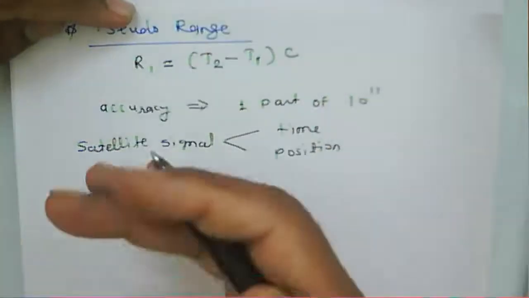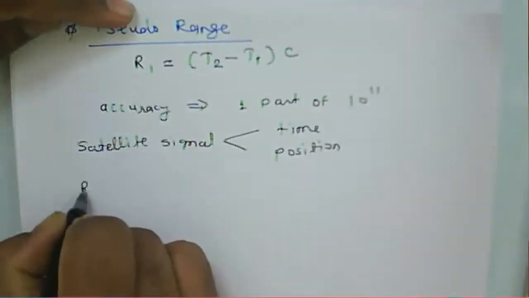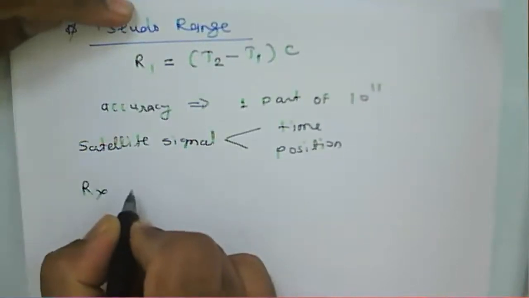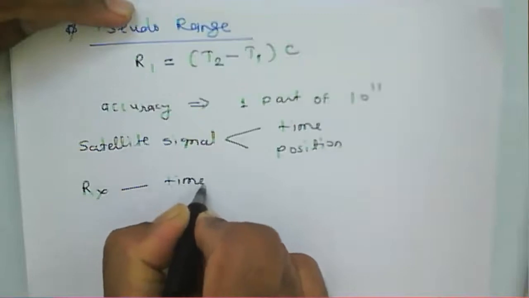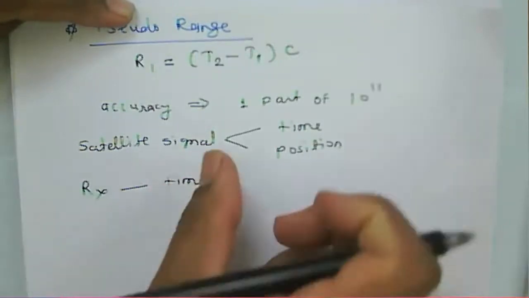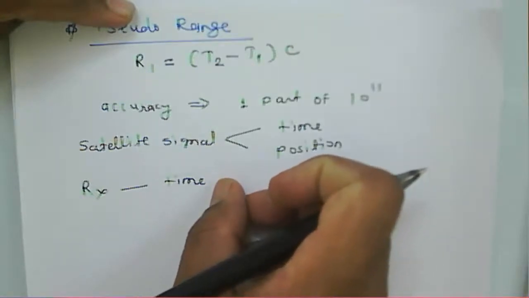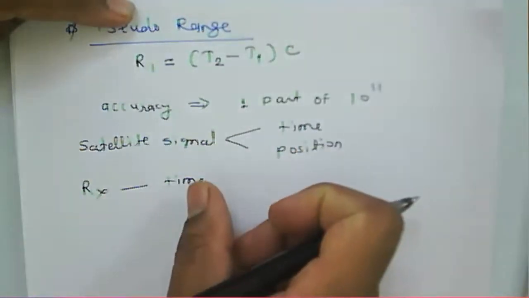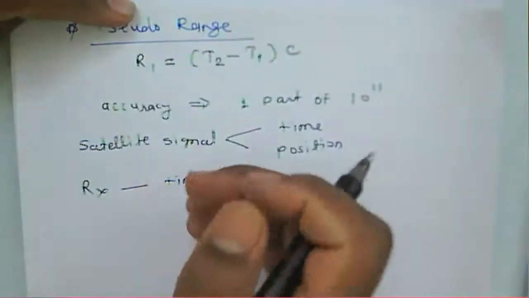So now, in the navigation system, what is the role of the receiver? The receiver measures its time. That timing measurement is done with respect to whichever clock is present in the receiver.